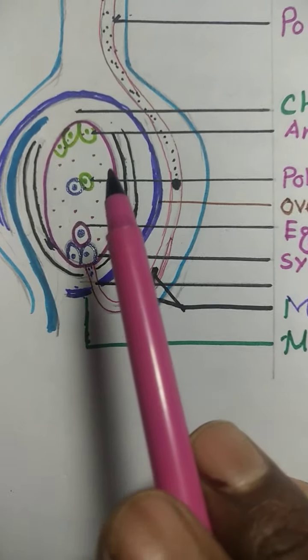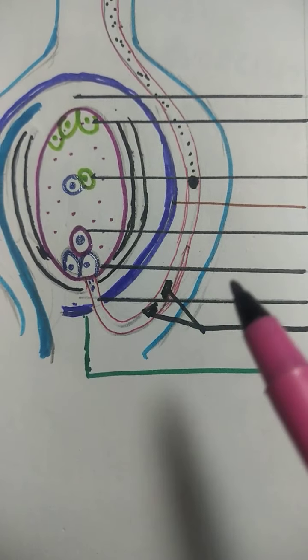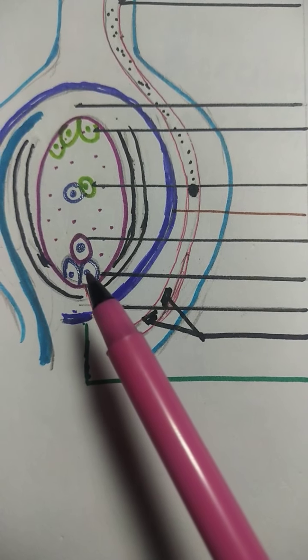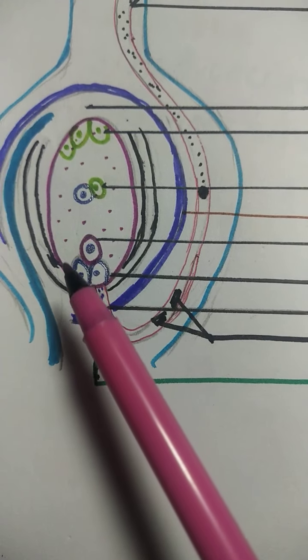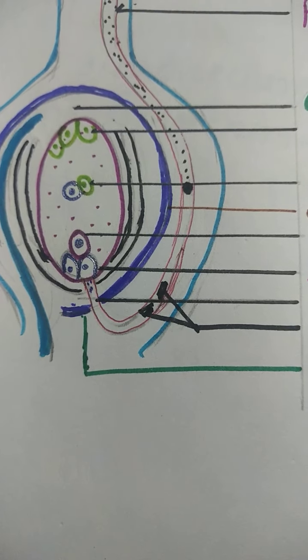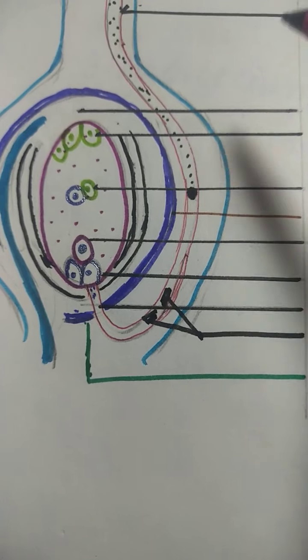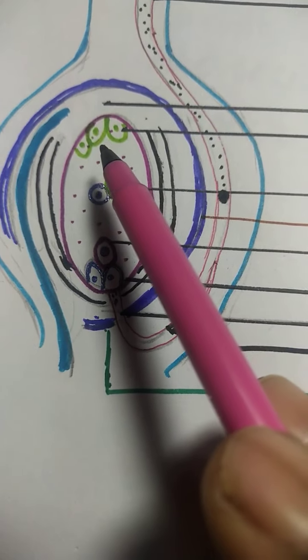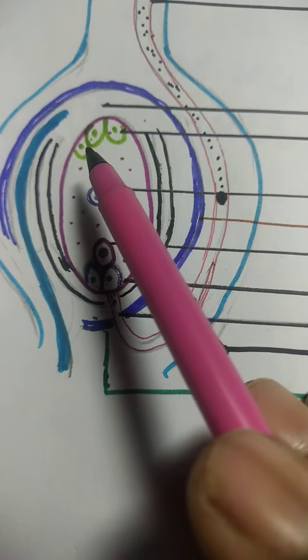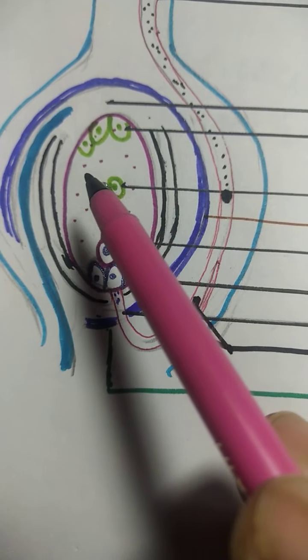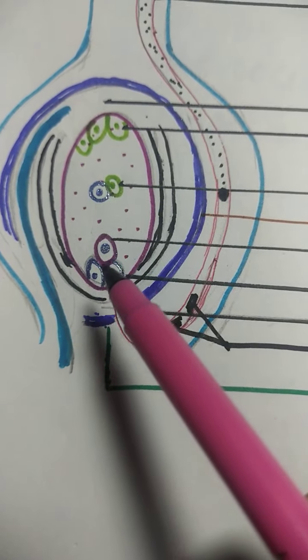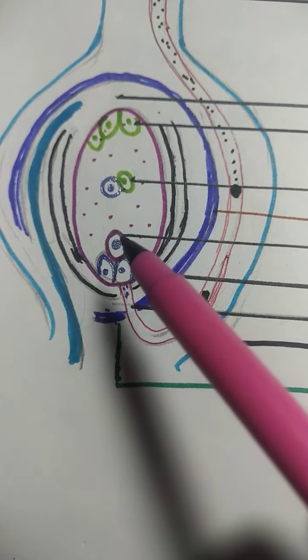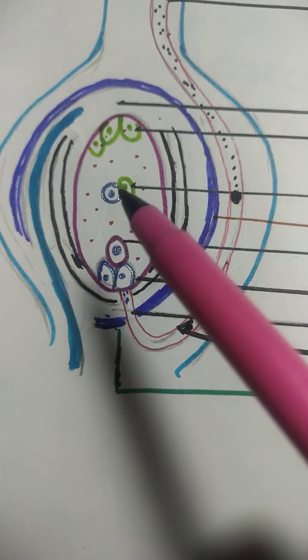This is the 8-nucleate embryo sac: two synergids and one egg, the whole structure called the egg apparatus, and three cellulose-walled cells known as antipodal cells, and two polar nuclei. This 7-cell, 8-nucleate embryo sac is ready for fertilization.